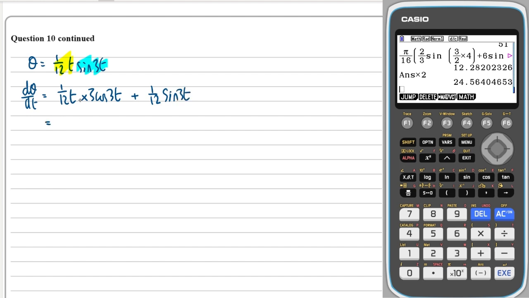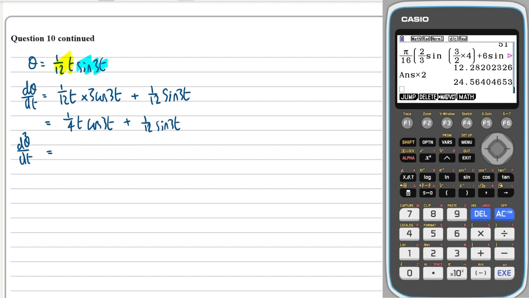And I will simplify that to get 1/4 t cos 3t plus 1/12 sine 3t. I'll then have to differentiate it again, because this is a second order differential equation.